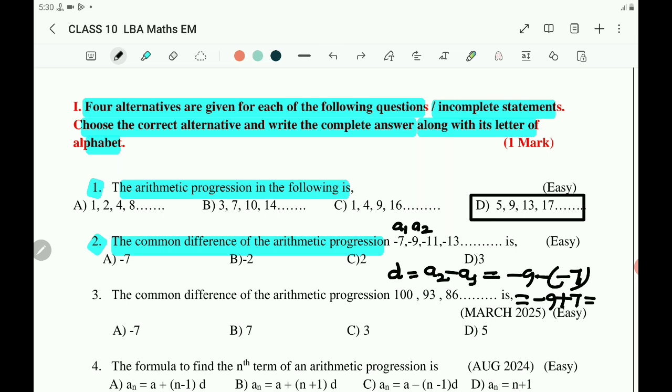Here as they are having different signs we have to subtract the smaller from the greater, that is 9 minus 7 we have to do. 9 minus 7 is 2 and the greater number 9 is having a negative sign. Therefore minus 9 plus 7 is minus 2. So what is the answer here? Option B is the answer.